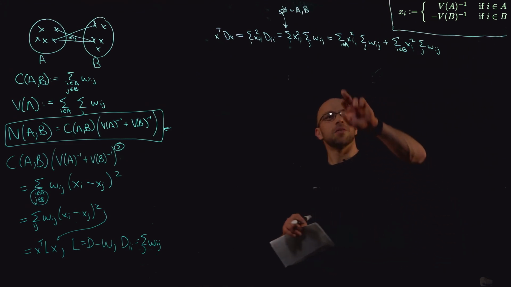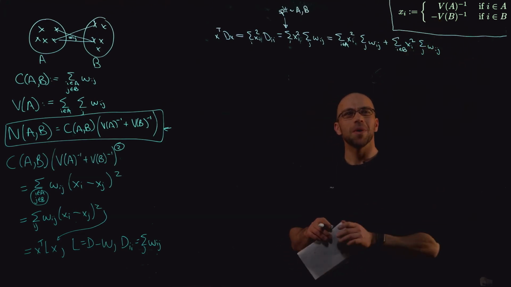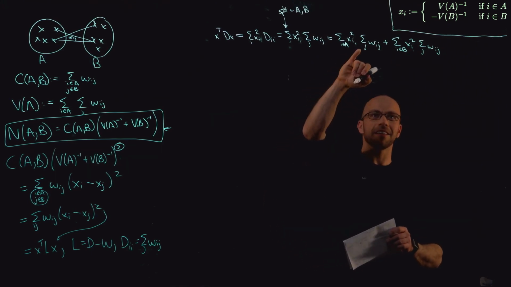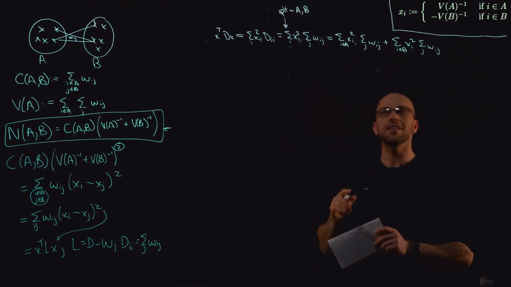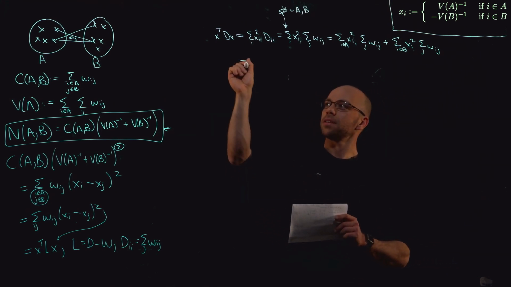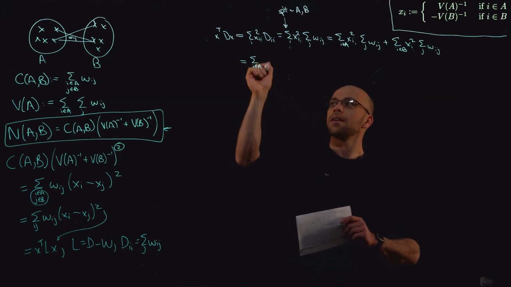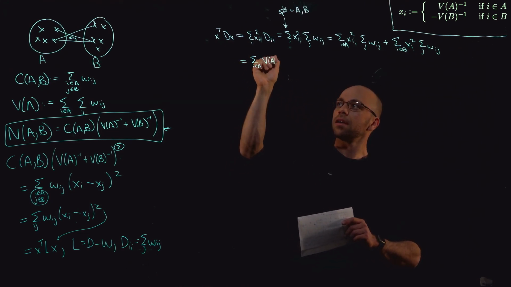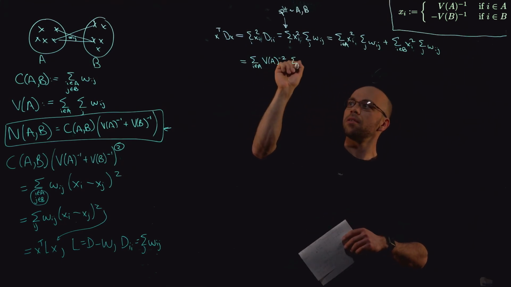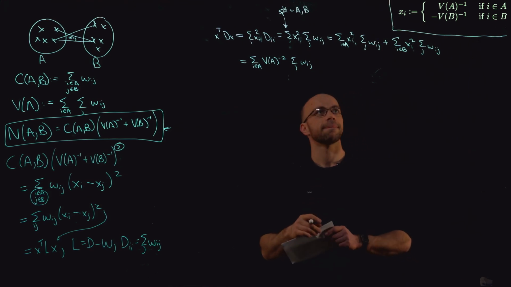Well, remember our definition again of this x variable. In particular, when i is in A, x_i is equal to v of A inverse, right? So really, this expression is the sum over i in A of v of A inverse squared, so to the minus 2, sum over j of w_ij, like that.